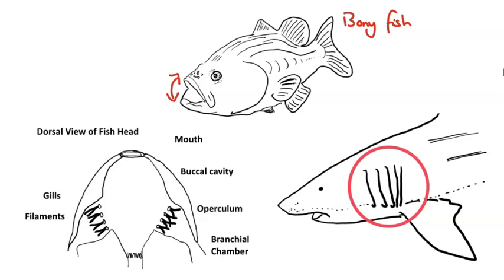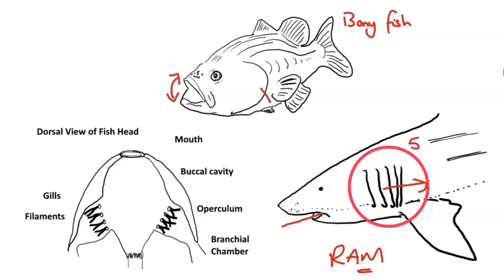Contrastingly, something like a dogfish or a shark, they use what is called ram ventilation. And this means that the shark, the dogfish, has to keep swimming to force water through its mouth and across the gills here. The gills on a shark are seen from the outside as these vertical slits, usually about 5 on each side.